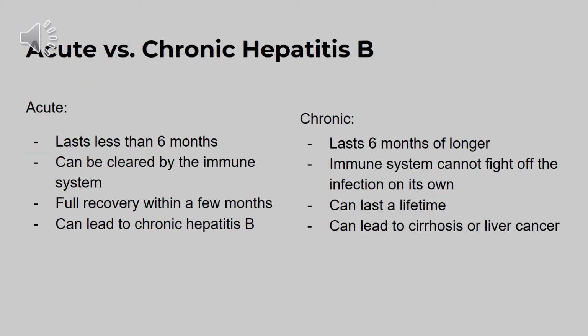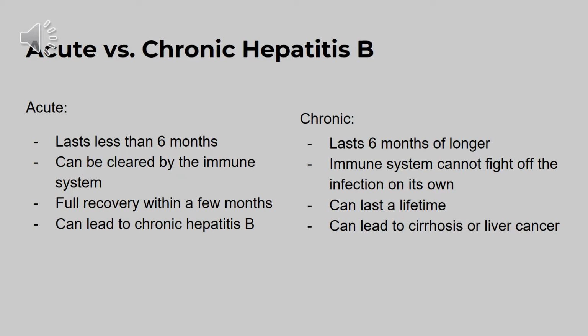So I mentioned earlier in the presentation that hepatitis can be either acute or chronic, and hepatitis B is one that truly is either acute or chronic. Acute hepatitis B is Hep B that lasts less than 6 months, and usually this acute infection can be cleared by the immune system without any additional treatment or therapies, and the body will experience a full recovery in just a few months.